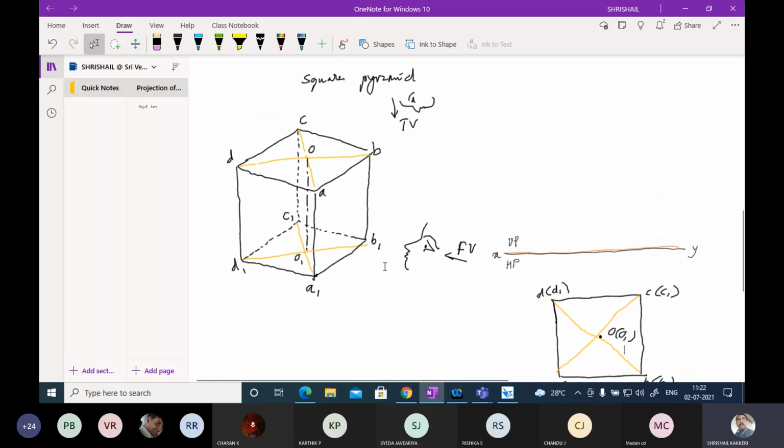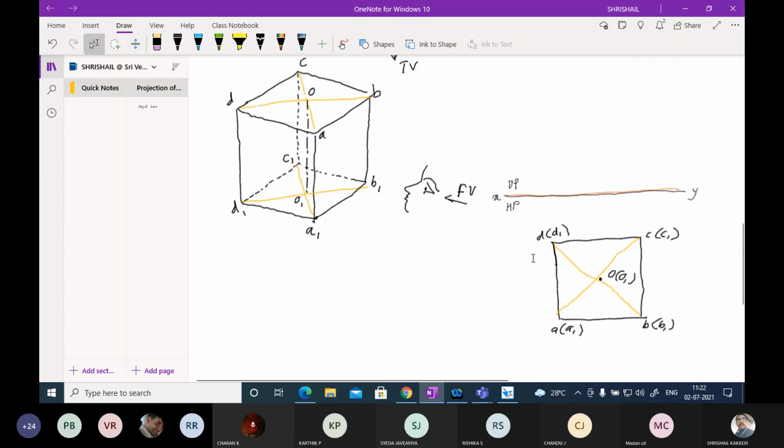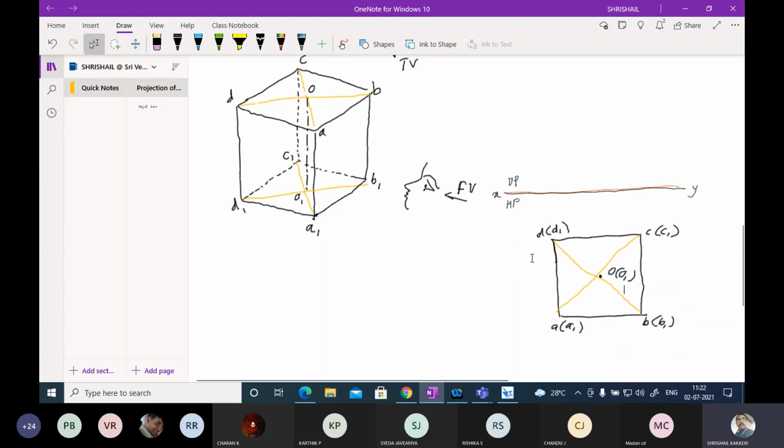Similarly, B in bracket B1 and C in bracket C1 and O in bracket O1, because this O1 is not visible to you. And always in the problem they are not giving us the height of this. The axis length itself will be the height of this.